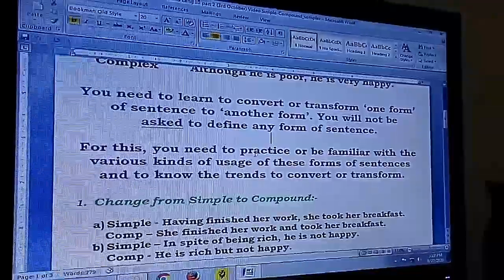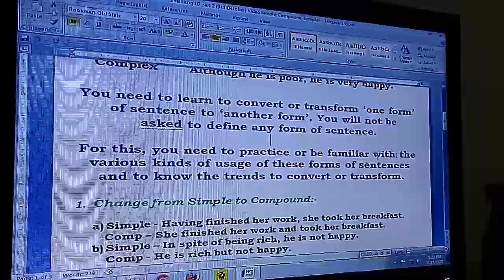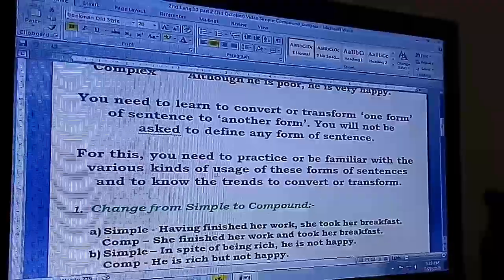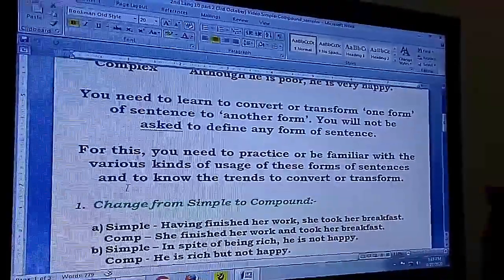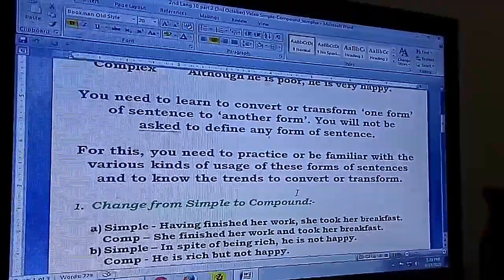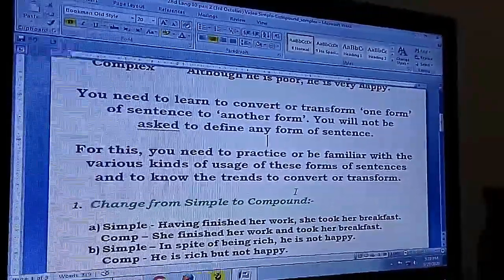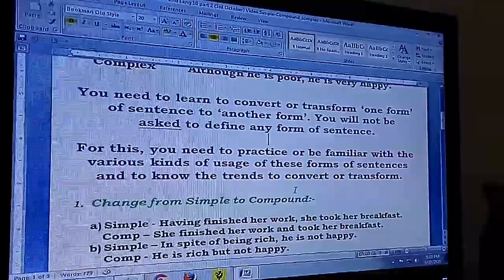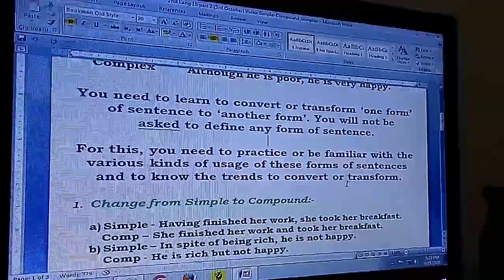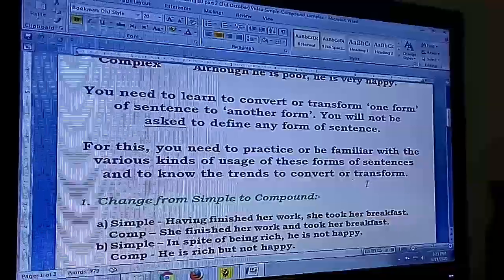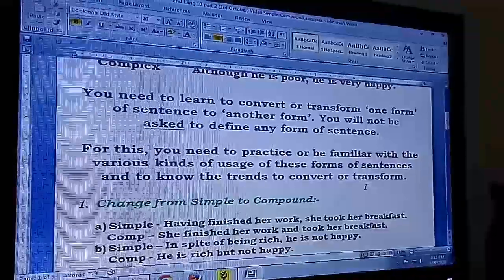For this, you need to practice and be familiar with the various kinds of usage of these forms of sentences and to know the trends. You should know the know-how to convert or transform. How to transform them?